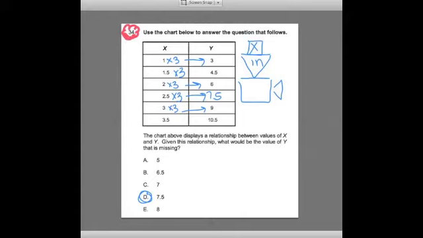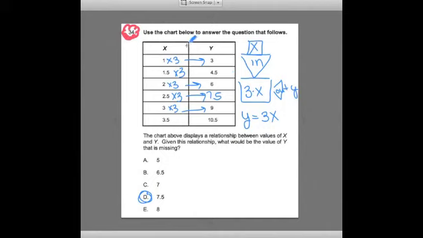In this case, we're going to take that x and multiply the x times 3. So I could just write it as 3x. And out comes a y. And then I could express this as an equation just by saying y, my output, is equal to whatever x is times 3, or 3x.